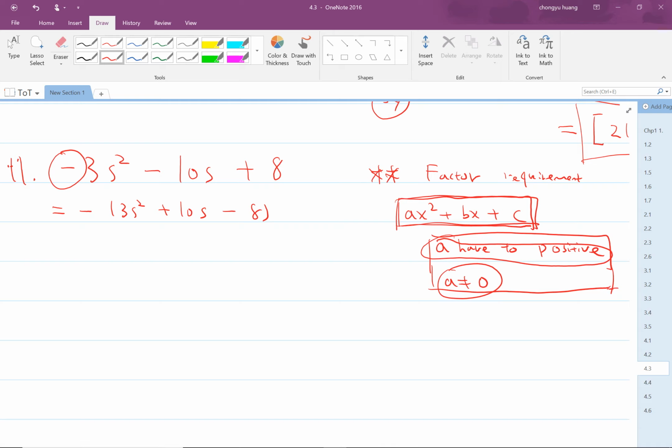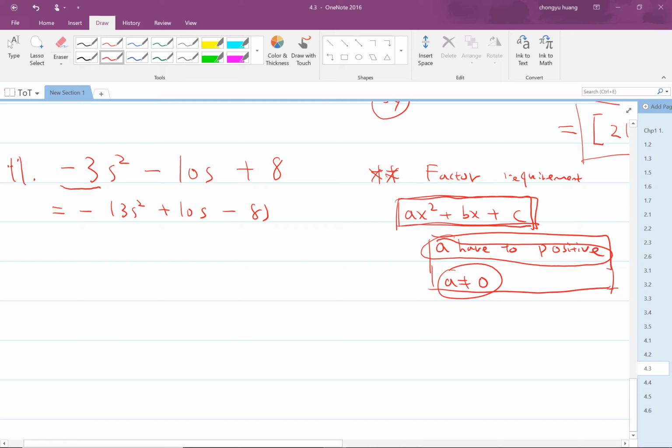The a over here is actually negative 3, so that's why you first pull out the negative, and then we are able to do the factoring.